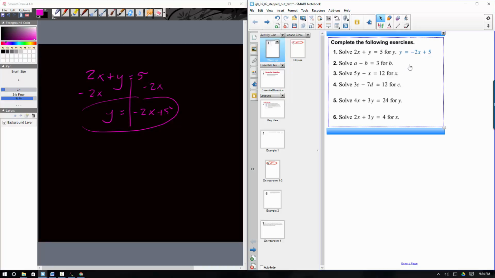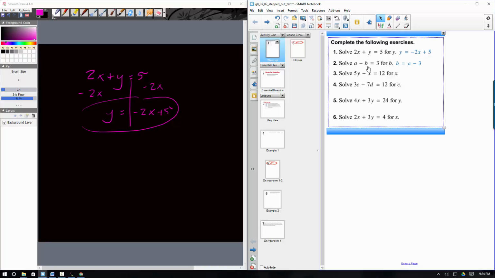All right, so now that you've gone through and done this, here are the answers. For this one, it's b equals a minus 3, because I would subtract a from this, so I'd have negative a plus b, but I want b as a positive.